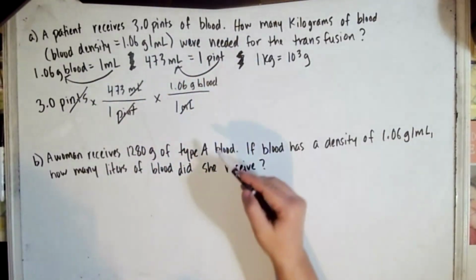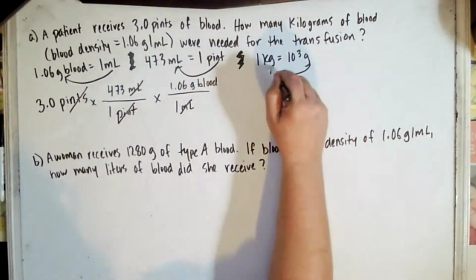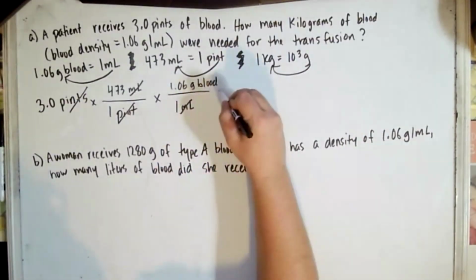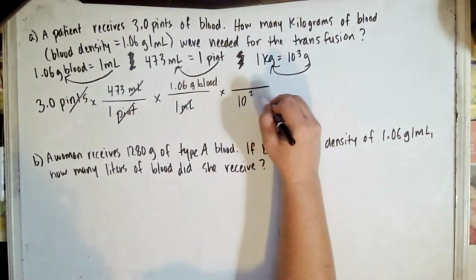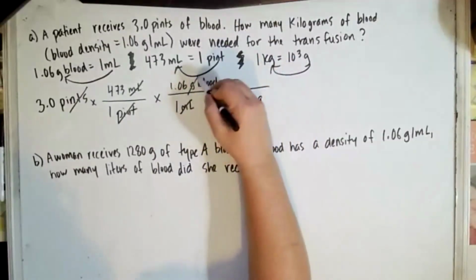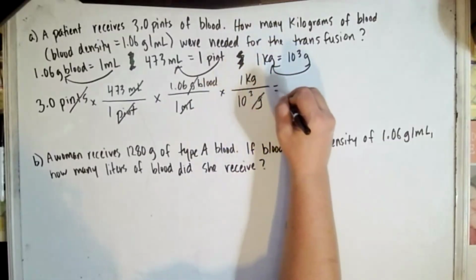And now in our last step, we're going to go from grams into kilograms. So the 10 to the 3rd grams goes on the bottom so that our grams cancel out. Our 1 kilogram goes up top.